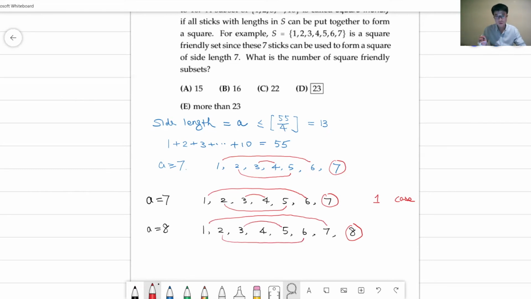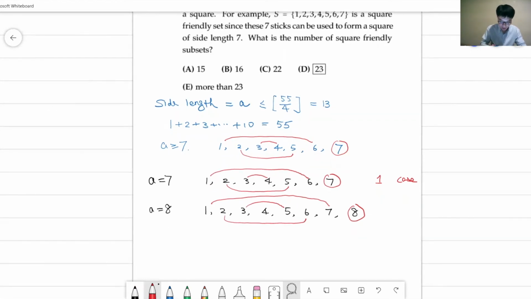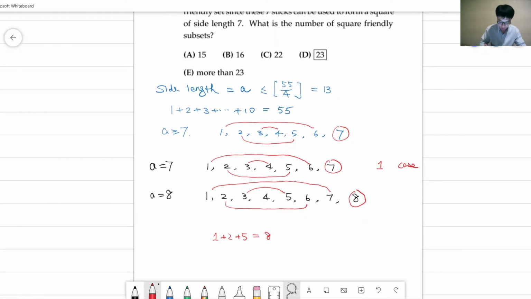And here we don't use 4. Of course, you may ask whether 1 plus 2 plus 5 also equals 8. But if we use 1 plus 2 plus 3 plus 5 as the side of this square, then we don't have enough other sides. We don't have enough 8s. So here we still have just one case.